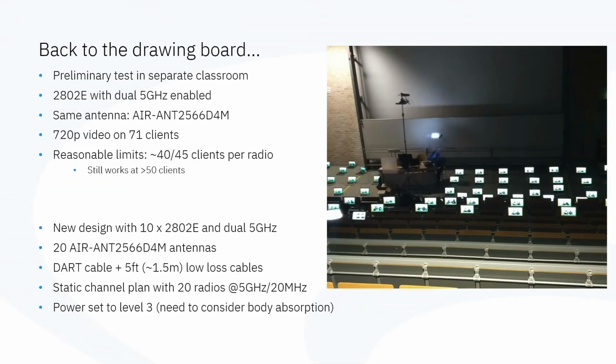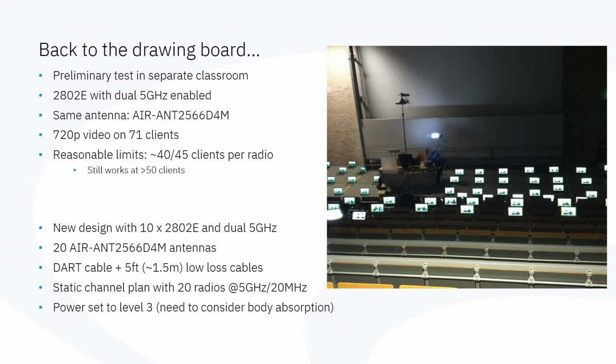And that is, we went back to the drawing board. We did a preliminary test in a separate classroom and used a Cisco 2800 with dual 5 gigahertz enabled. We also tried this with a 2700, but we came to the conclusion that the chipset and the memory on that access point simply weren't enough to host that many clients with a reasonable bandwidth and the requirements that they had.